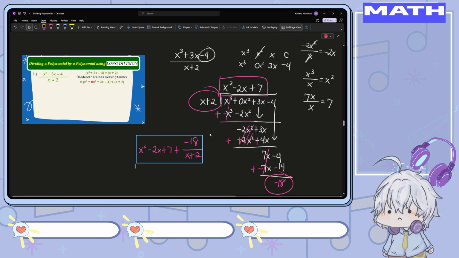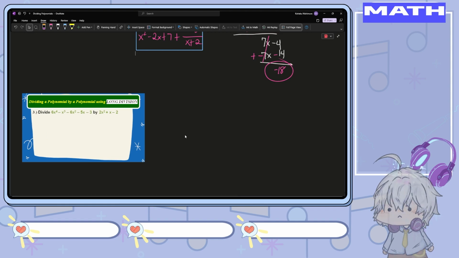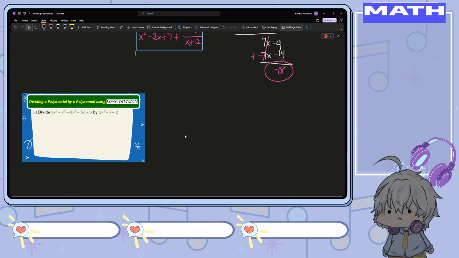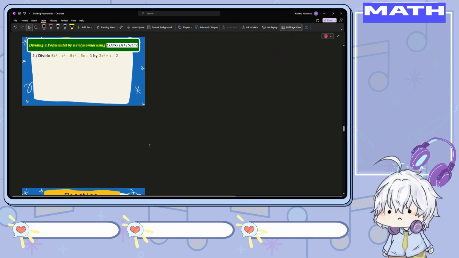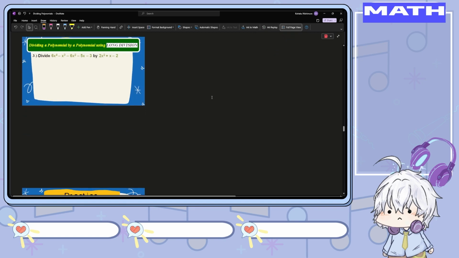Now let's check the other examples. For this one, we are dealing with 3 terms. Thus we need to divide them accordingly like this. First, let's verify if the terms are complete before dividing. So looking at this, we have 6x to the fourth, then x cubed.